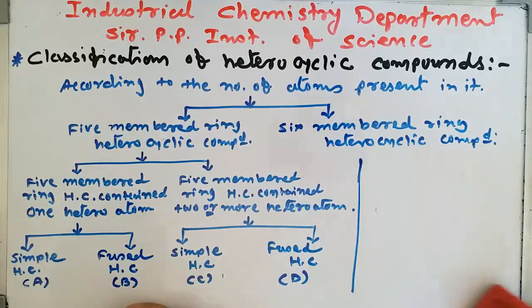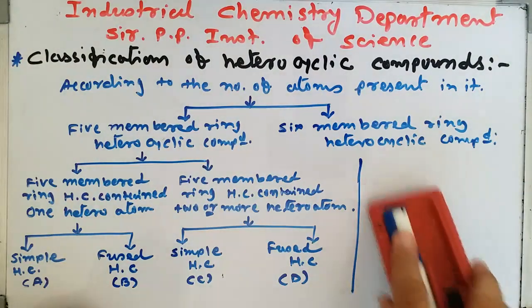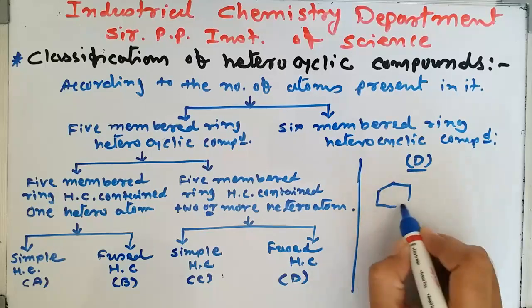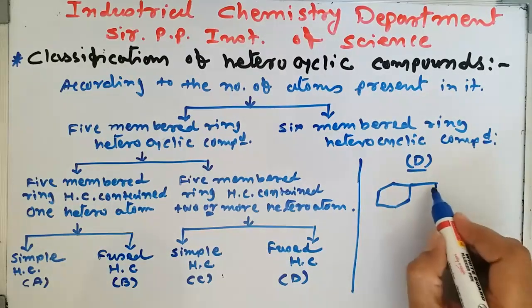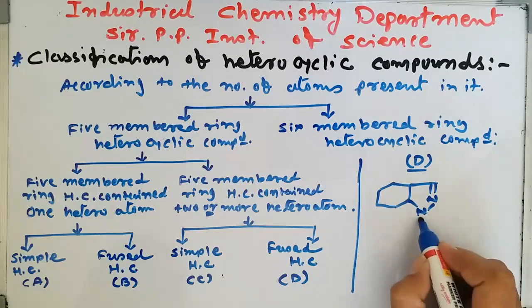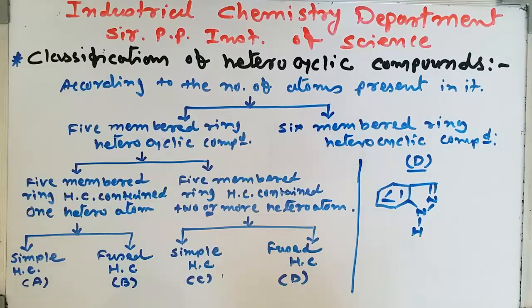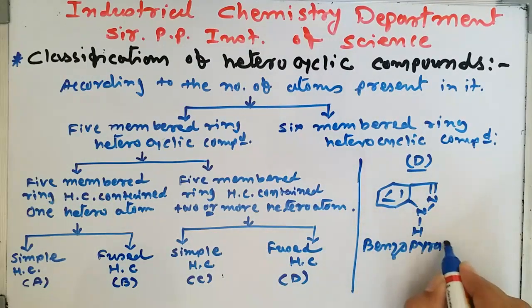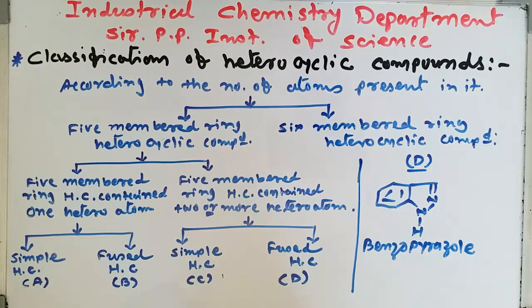Now we see our 5-member ring heterocyclic compound D, that are fused systems. Fused 5-member ring heterocyclic containing two or more heteroatoms. We noted it as D. First compound, fused with benzene ring, and this is benzopyrazole.